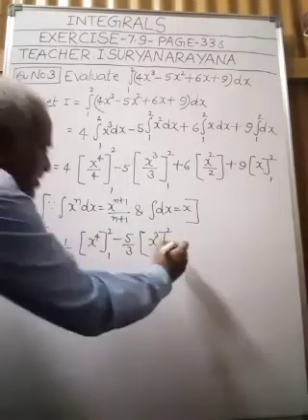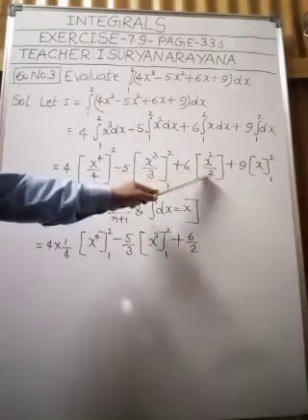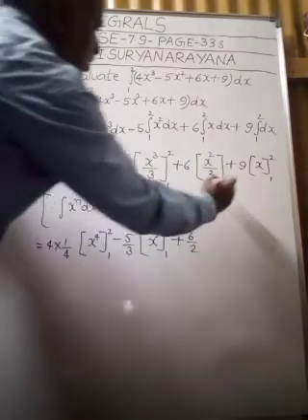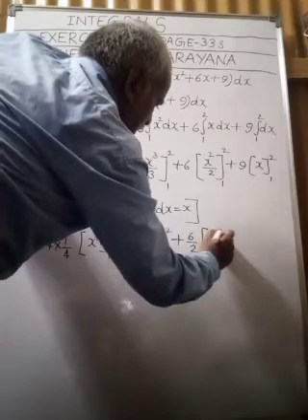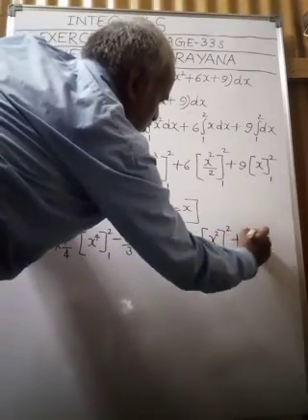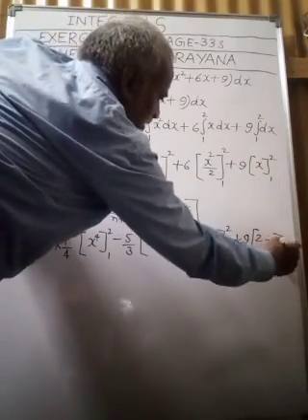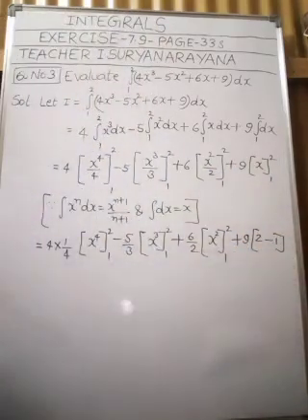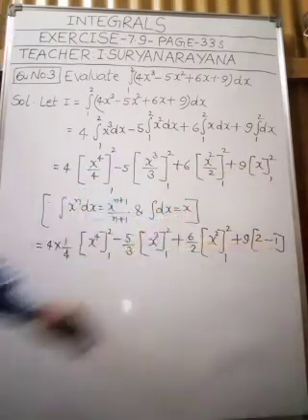Plus 6 by 2. Here also 1 by 2 is a numerical coefficient. We can write it outside. For the remaining function, we write limits. Plus 9 into, in this function, upper limit is 2 minus lower limit is 1. In this function, we are substituting upper limit minus lower limit.